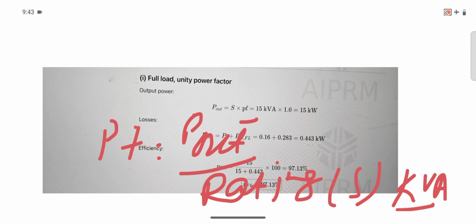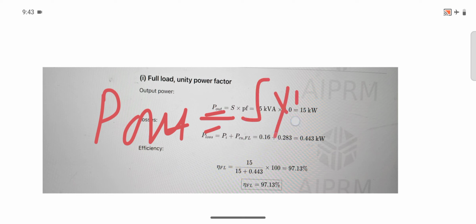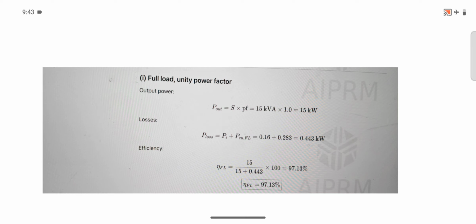So how can we calculate output power? Output power is rating into power factor, using this formula. Now total loss is equal to iron loss plus copper loss.